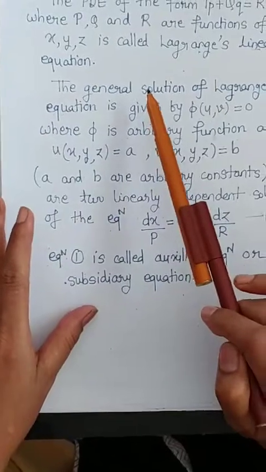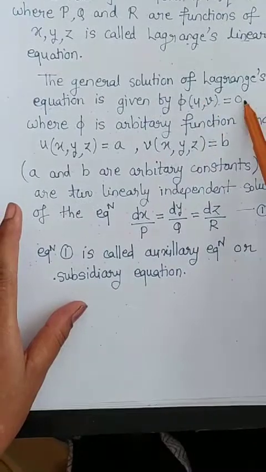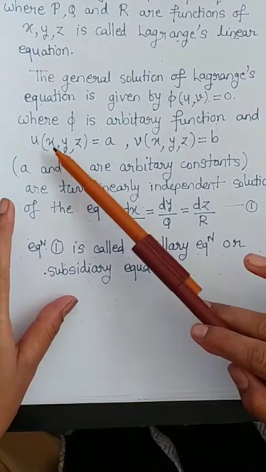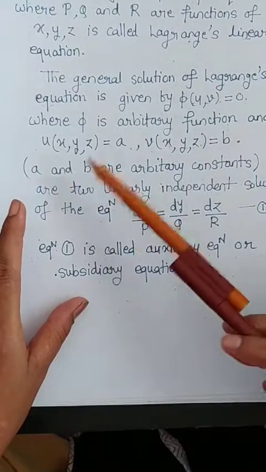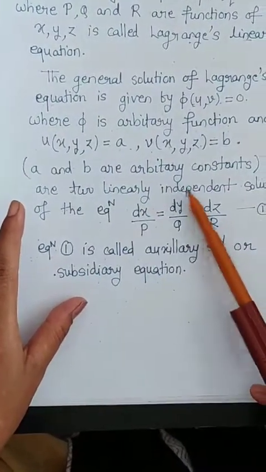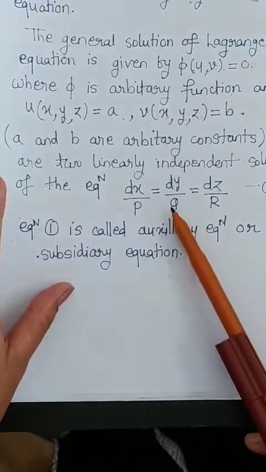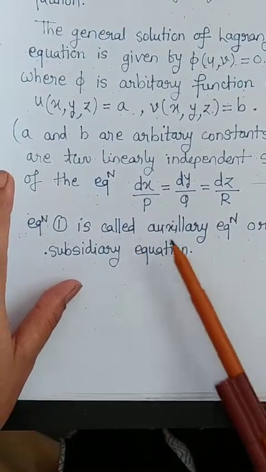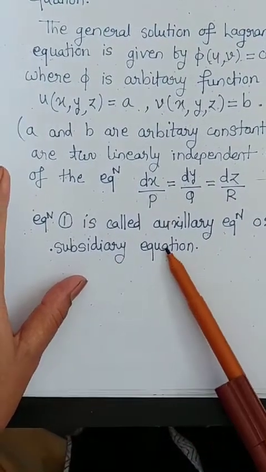Now, the general solution of this equation is given by phi of u, v equal to 0, where phi is an arbitrary function and u of x, y, z equal to a and v of x, y, z equal to b, with a and b as constants, are the two linearly independent solutions of the equation dx by P equal to dy by Q equal to dz by R. This equation is called Lagrange's auxiliary equation or the subsidiary equation, right?